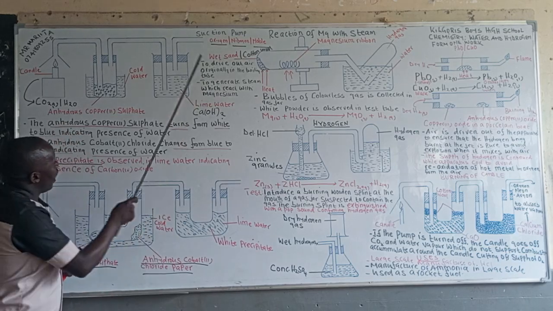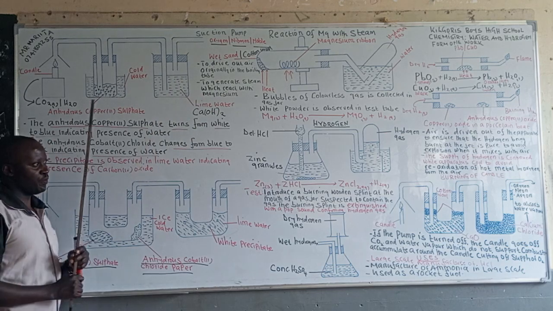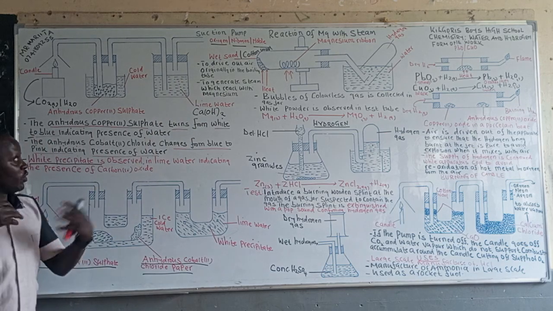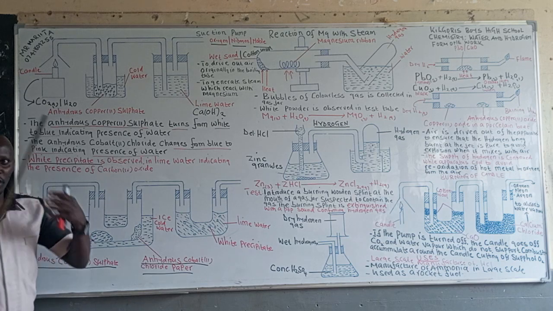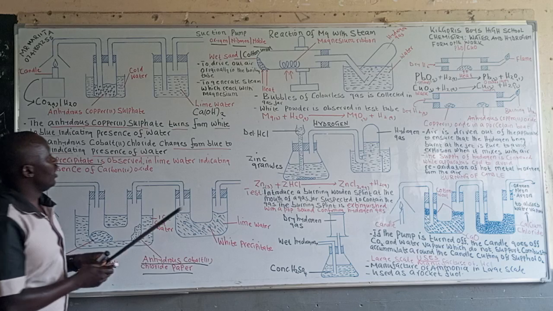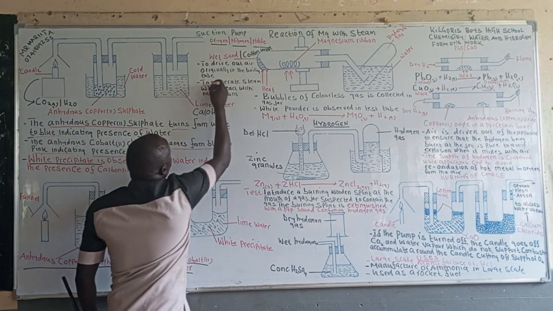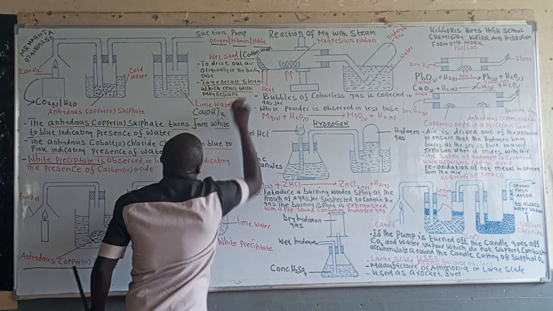So, the reason is to drive out air originally in the boiling tube. So that is one reason why we are heating the wet sand or the wet cotton wool before heating the magnesium ribbon. And very important, this one is to generate steam which reacts with magnesium.